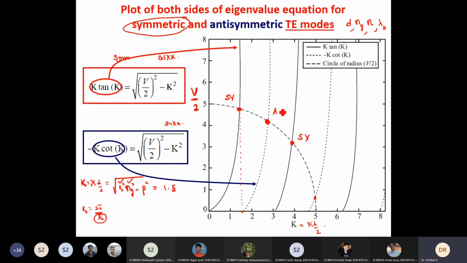So the propagation constant you are getting will be the corresponding propagation constant for the respective symmetric modes, whereas this one would be for the anti-symmetric modes.